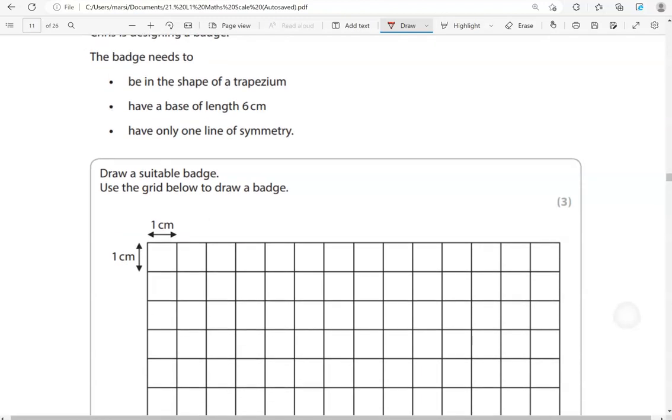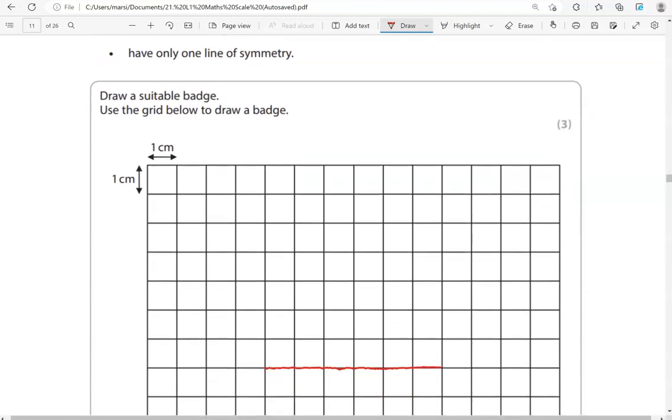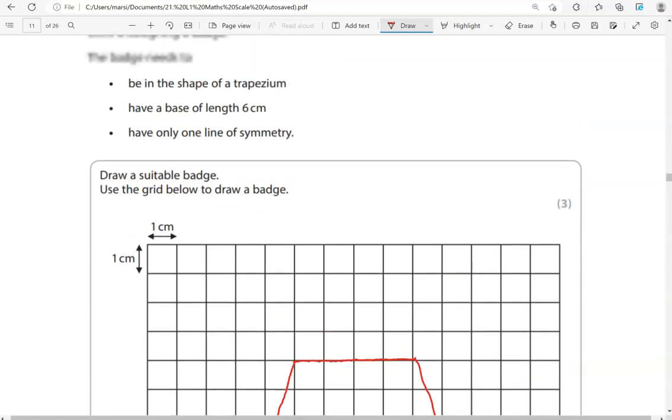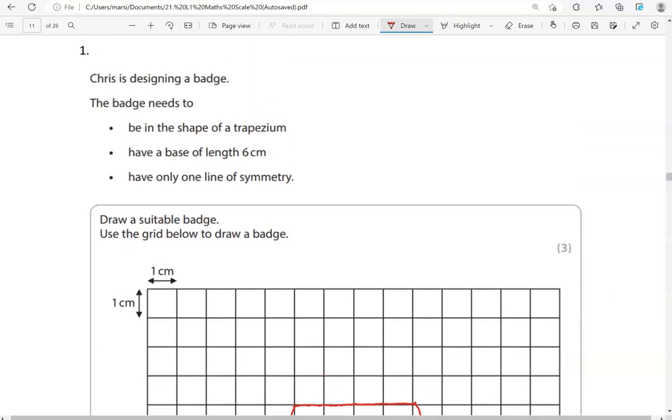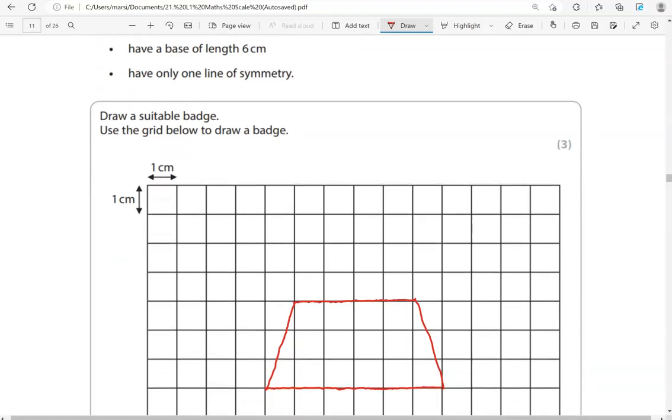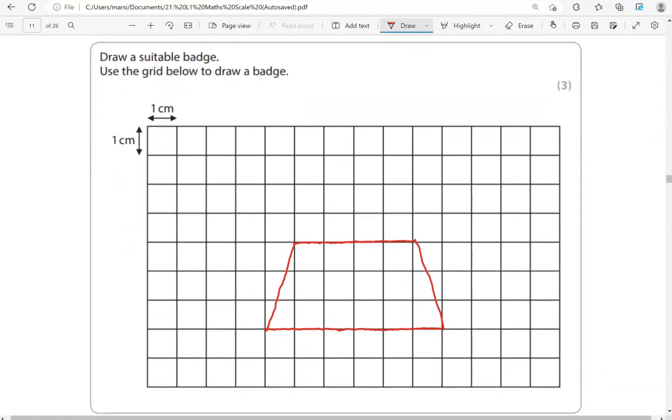It's got to be in the shape of a trapezium, and it needs to have only one line of symmetry, and that could be here.